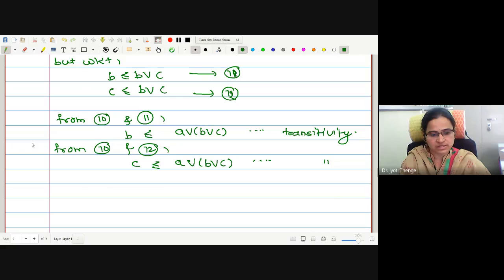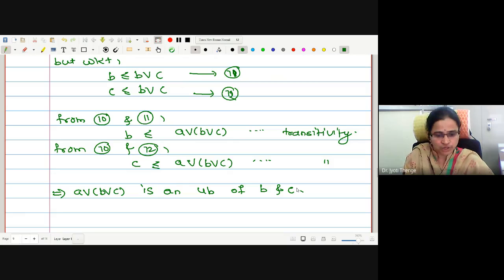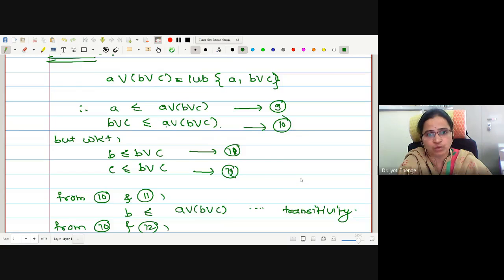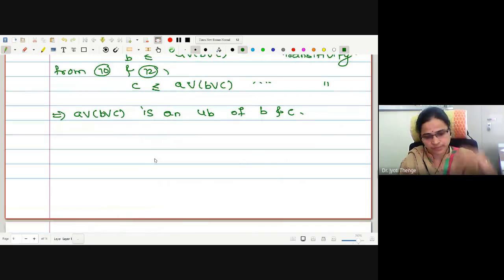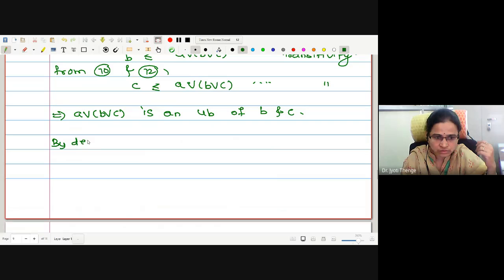Therefore from these two, may I say A join B join C is an upper bound of B and C. But we want to prove this is an upper bound of A join B and C. Okay, let me write by the definition of least upper bound of A and B.